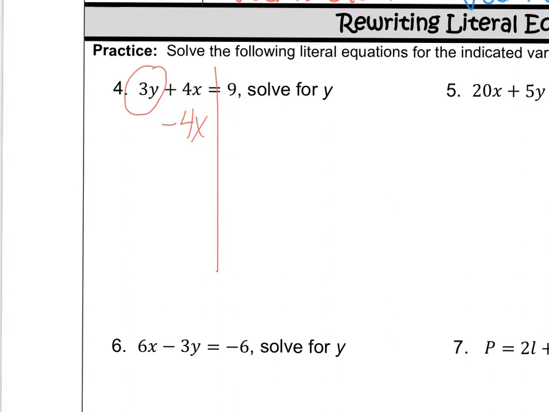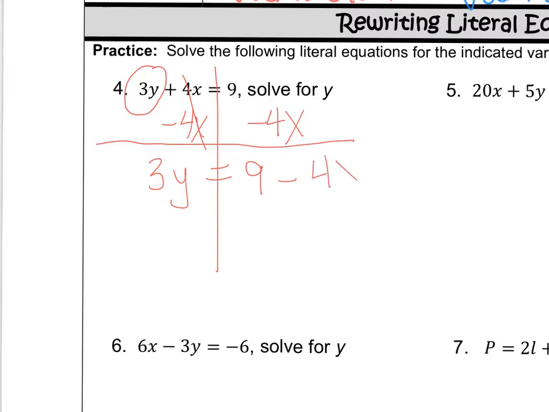So a habit for you to get into right here from the beginning and for the rest of your mathematical career: put your minus 4x, since there's not an x term over here, just over to the side. That way you won't be tempted to make a very bad mathematical mistake and try to combine terms that are not alike. Okay, so we just cross out our 4x's because they canceled out, and we bring down our 3y equals 9 minus 4x.